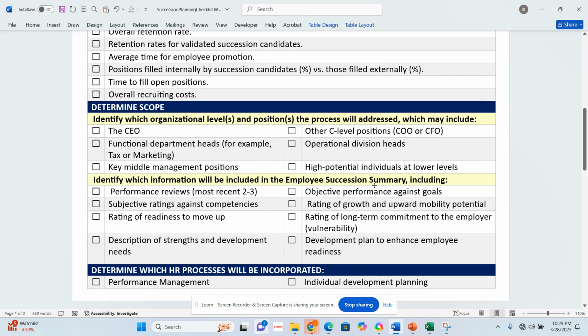And that's probably pretty much something you already have in mind if you're looking at this checklist. So which organizational levels? Will it be the CEO, marketing heads, operational division heads, key middle management positions? And you're going to need to identify which information will be included. So take a look at performance reviews, rating of readiness to move up, development plan to enhance employee readiness.